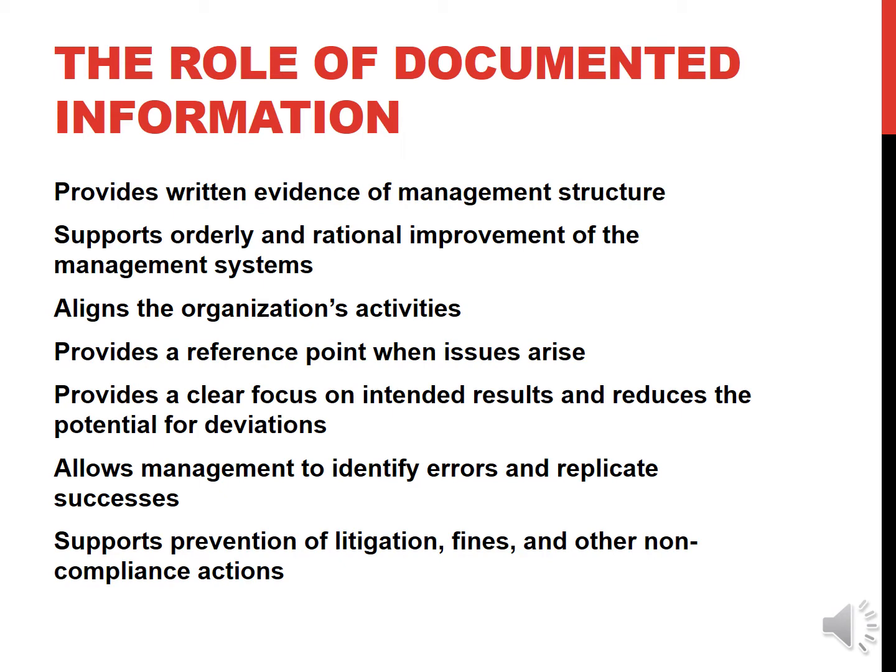The documented information also allows management to identify errors and replicate successes. When you have a paper trail or a documented trail, you can go back and figure out what happened and figure out why the mistakes are being made and why things went well, and how things went well in one area could possibly be applied to another area.